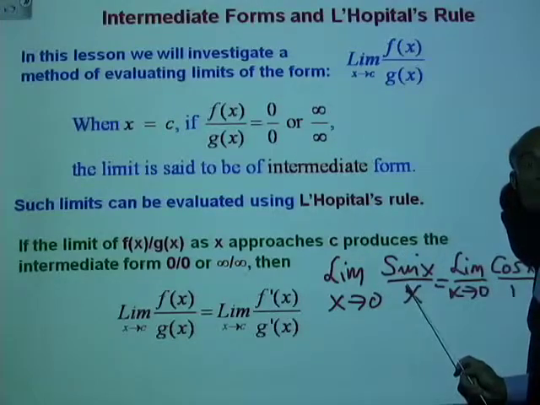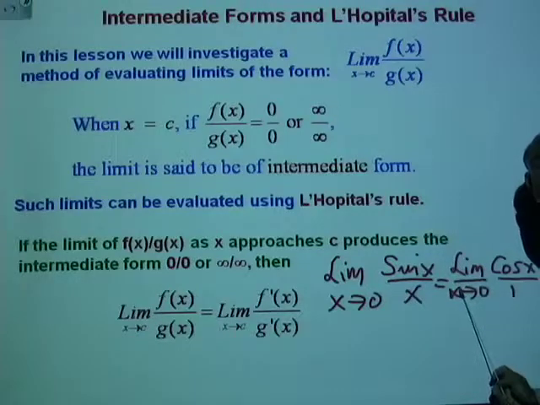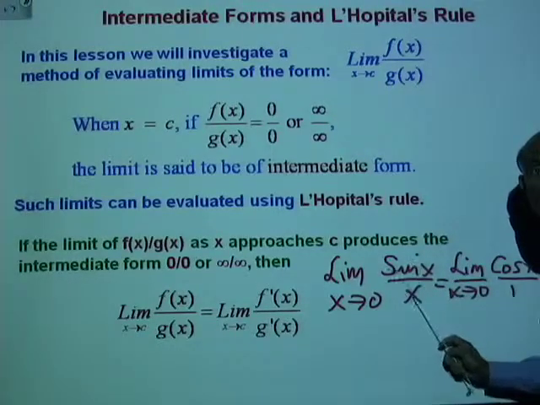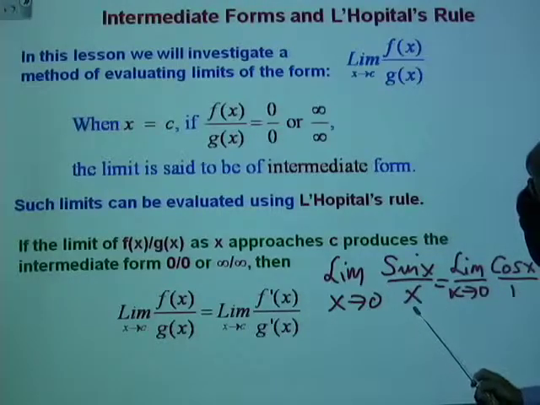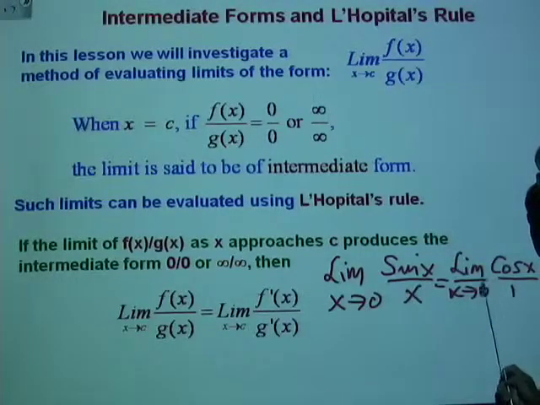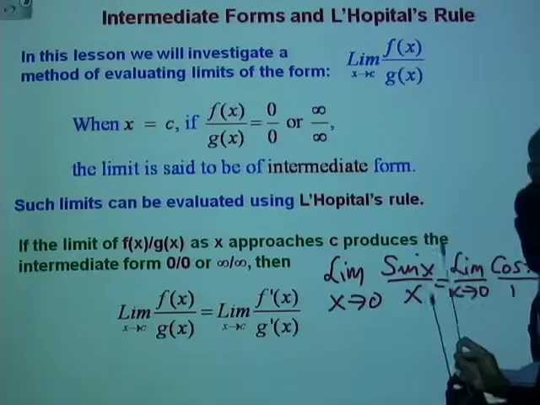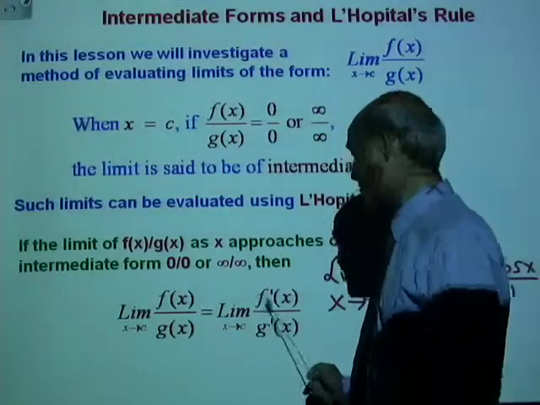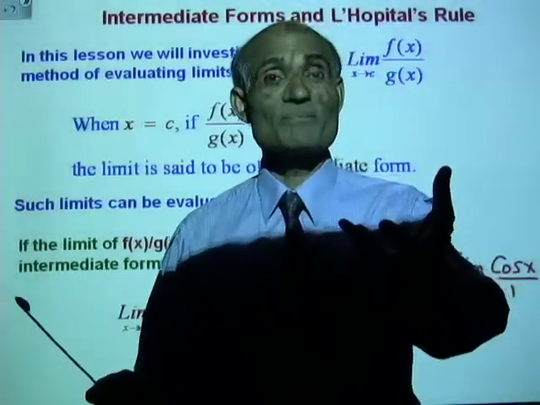If so, the rule says this will be the same as the limit as x approaches 0 of the derivative of sine x, which is cos x, divided by the derivative of x, which is 1. And now, replace your x by 0. What is cos of 0? Cos of 0 is 1. And 1 divided by 1 is 1. The value of that limit is 1. And you can prove that graphically.